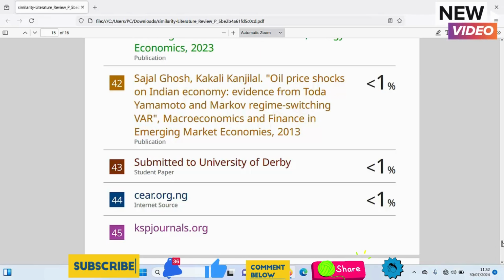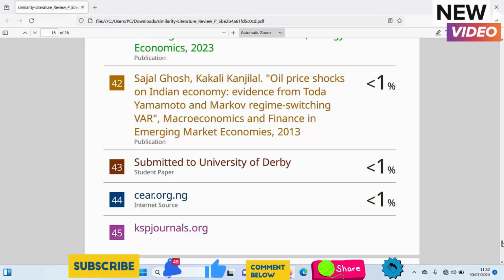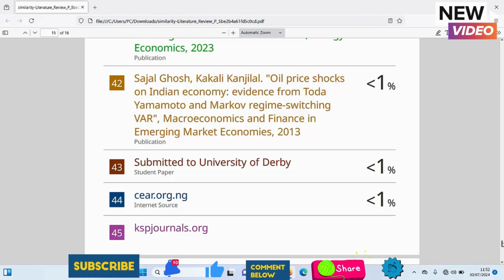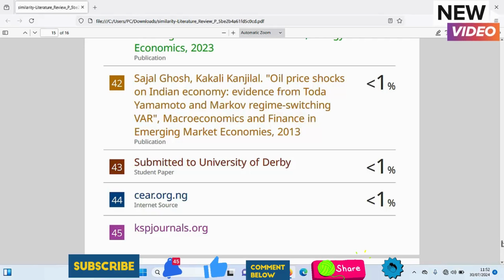You paraphrase the contents and ensure that you achieve something below 15%, if 15% is the highest for your department. But if 25% is the highest, then you make sure you achieve something below 25%. So that's about the color or the numbering in the document.